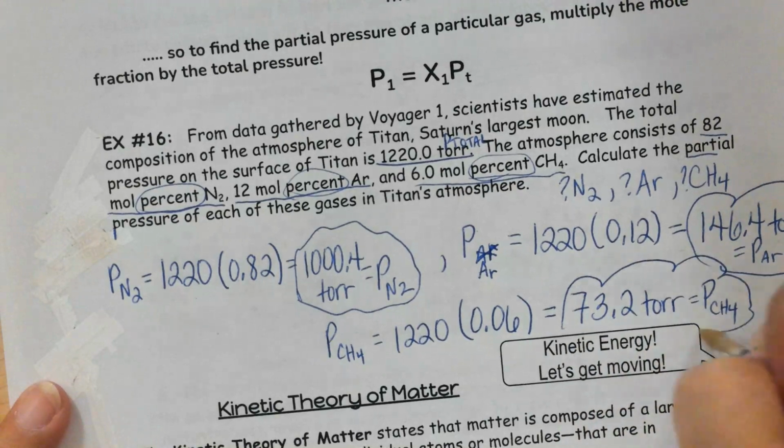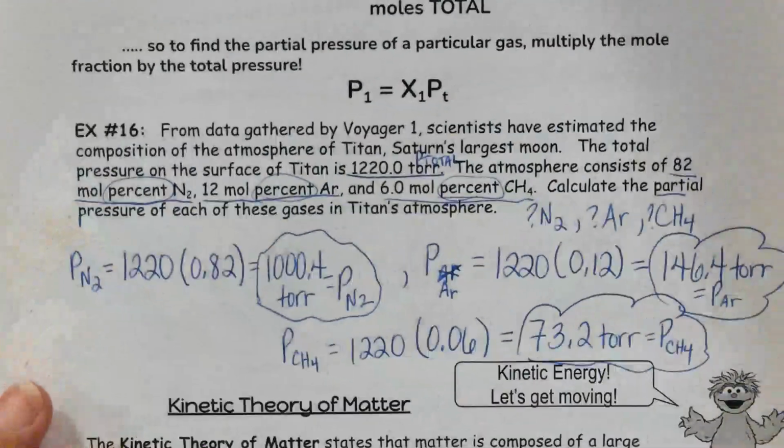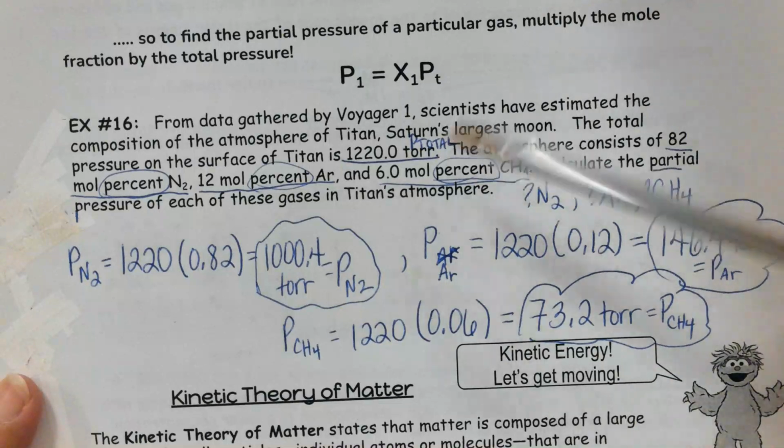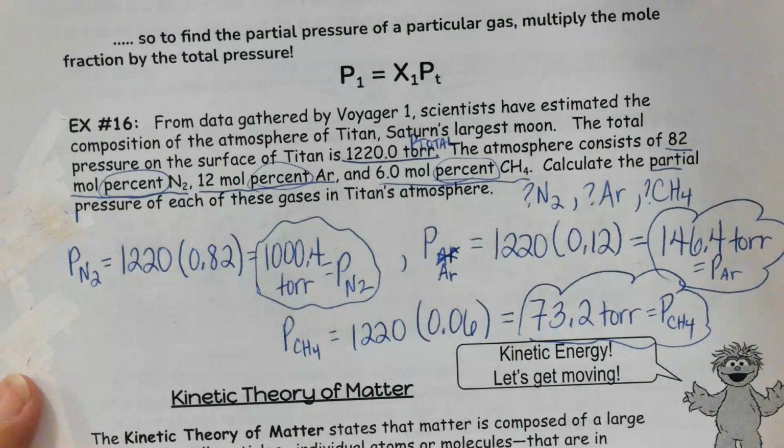So we have all three of our answers. Hey, you can check your work here. If you add up all three of these pressures, it'll give you 1220, or you did something wrong. So that is how we do this. Hopefully that's an easy way to show you that. I'm going to go ahead and stop on mole fraction right now because we'll go to kinetics and I'll put it in a second video.